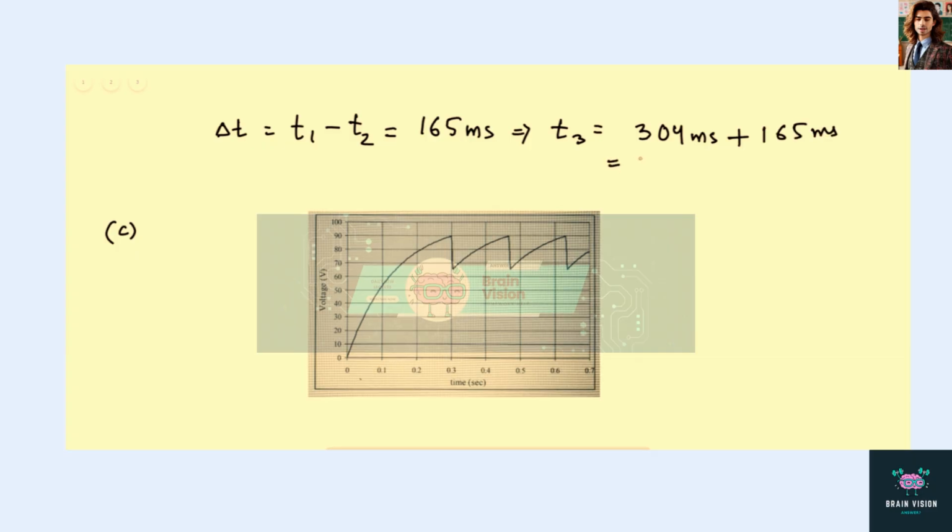So this is equal to 469 milliseconds. So this is our required answer.